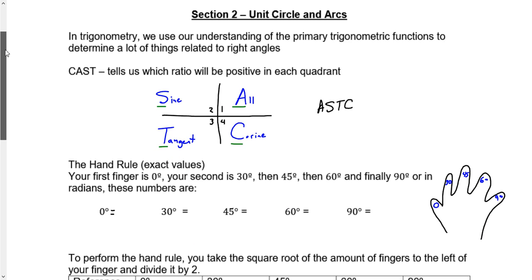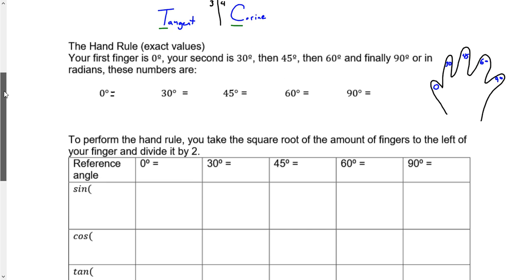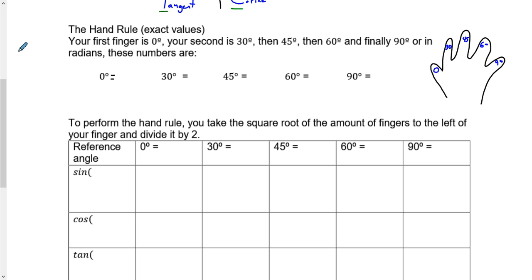So since we know that pi radians, again, reminder, you don't need to have that r, is 180 degrees, 0 degrees is 0 radians.